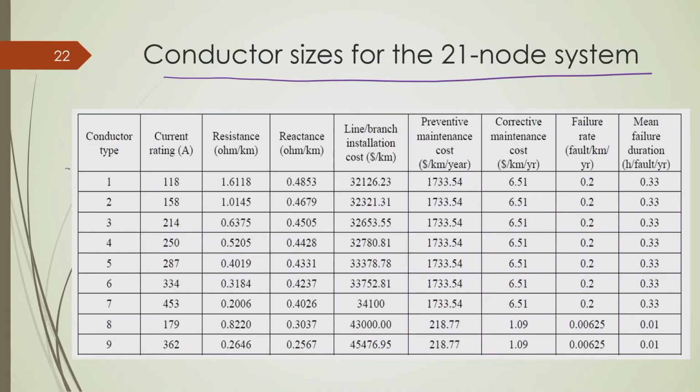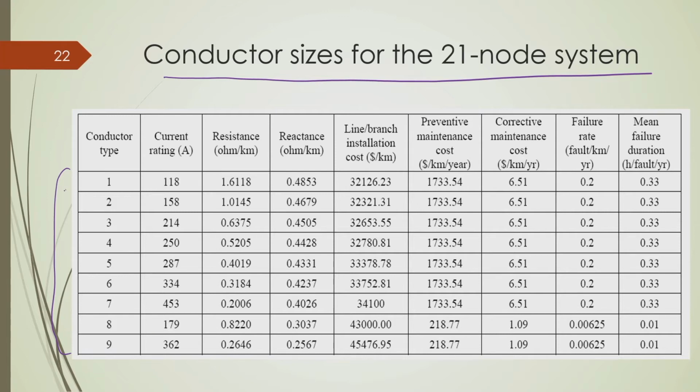Here we have 9 different types of conductor, out of which one can be used to construct a particular line. That means, if I want to construct a distribution line between node 2 and node 3, I need to decide what type of conductor I should use. Okay. And you can see here we have a set of 9 different types of conductors.